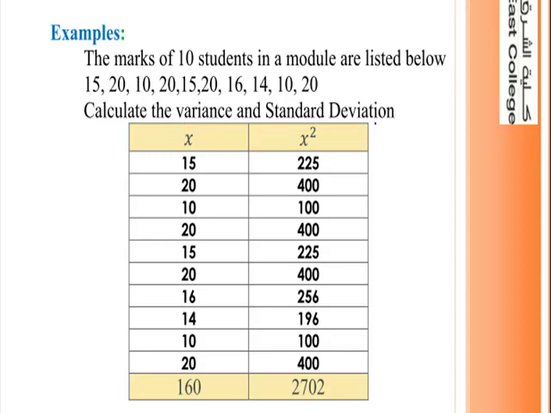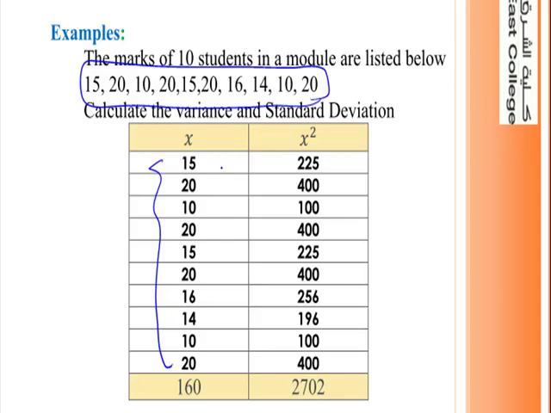To use this formula, we have to compute variance first, and to find variance, we need to find the mean. So we have to create a table similar to this. I already made it, but how can we create it? Just enter the value of x according to your data, which is available here. Then find the x squared for each one.